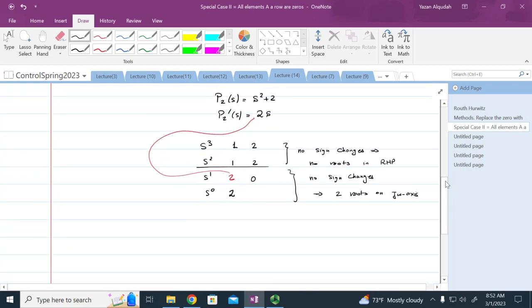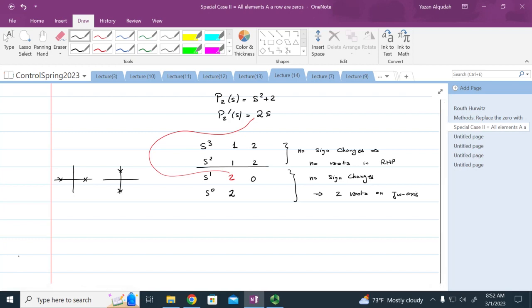So when I find the row of 0, this is a factor of the polynomial. How many roots does this one have? s squared plus 2. 2 roots, isn't it? What are these 2 roots going to look like if I have a second order polynomial? They're either going to be a root on the right and a root on the left, or what is the other option? 2 roots on the j omega axis. Together?